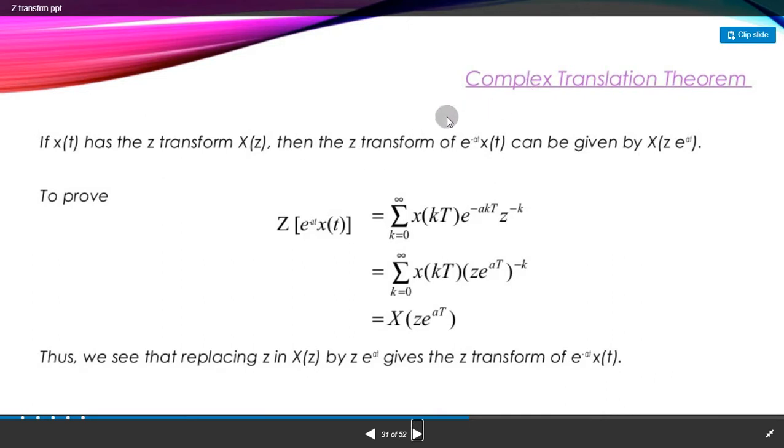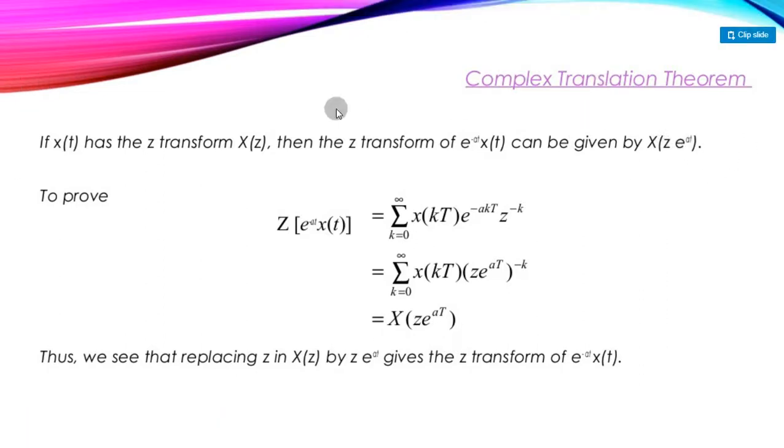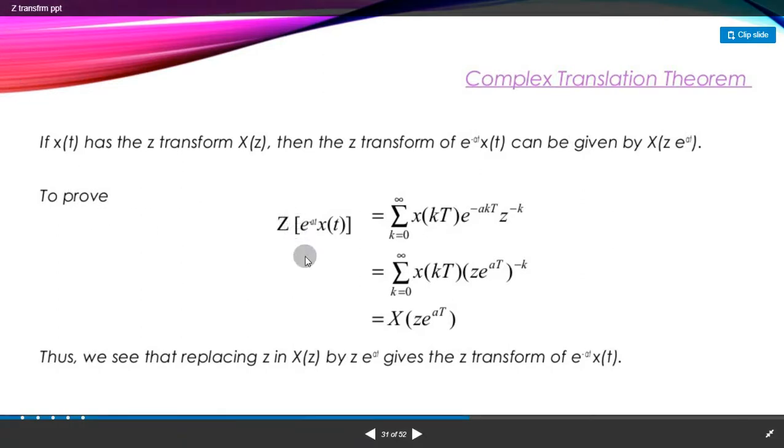Now the complex translation theorem. What is the complex translation theorem? If x(t) has z transform X(z), then the z transform of e to the power minus at times x(t) is given by X(z e to the power aT). To prove that, the z transform of e to the power minus at x(t) can be written as the summation of k equal to 0 to infinity of x(kT) e to the power minus akT z to the power minus k.